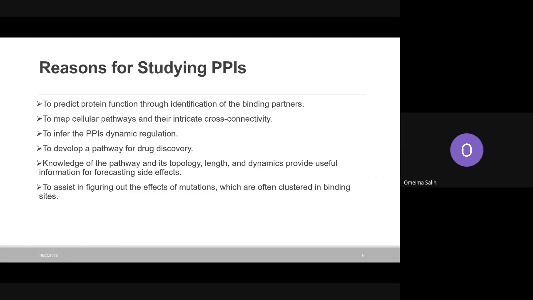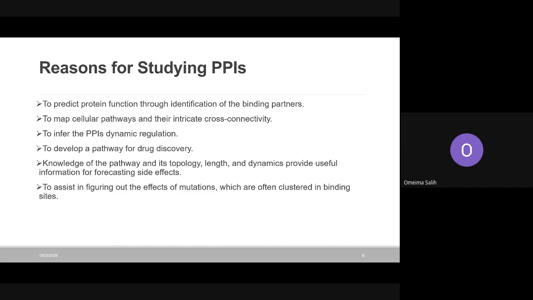So why are we studying the protein interactions? First, if you want to study any protein, you have to know its function. To know its function, you need to know its binding partners, because most of these proteins as an individual polypeptide chain might not be functional unless they interact with other proteins.